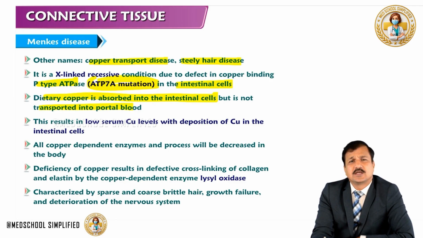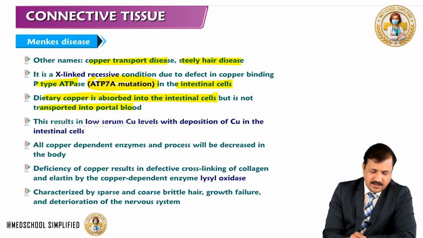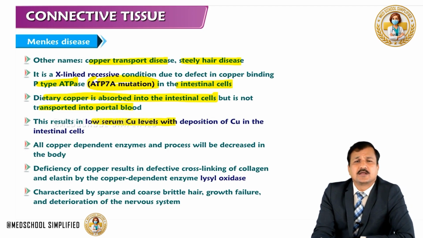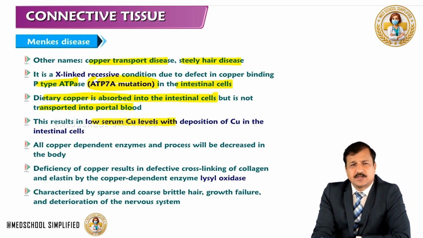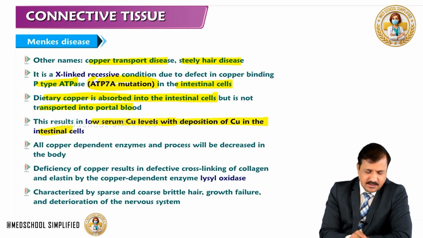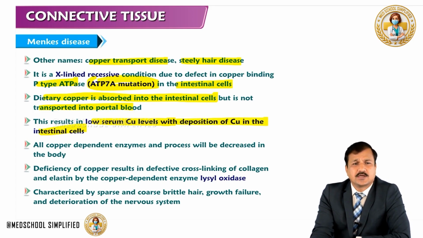So there will be a lot of copper accumulated in the intestinal epithelial cell, and low serum copper in the blood and also in other organs. So there will be more copper in the intestine and less copper in other organs and in the serum.